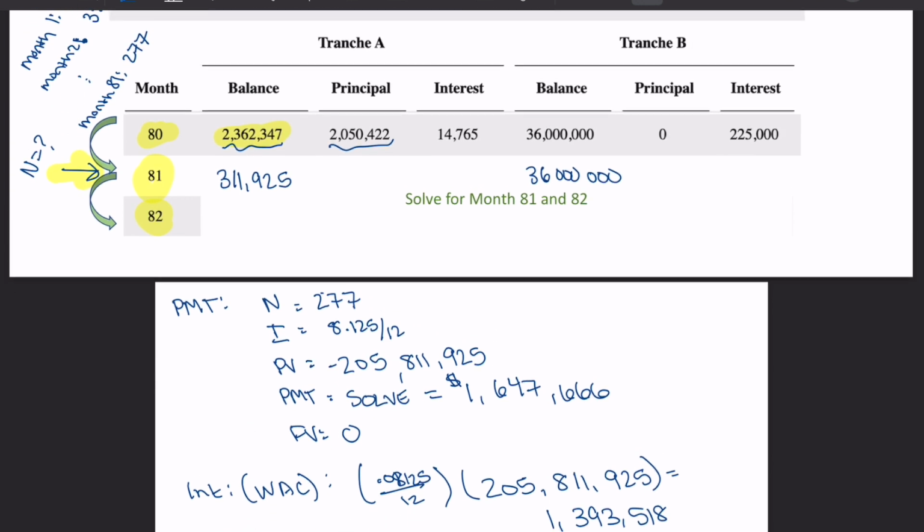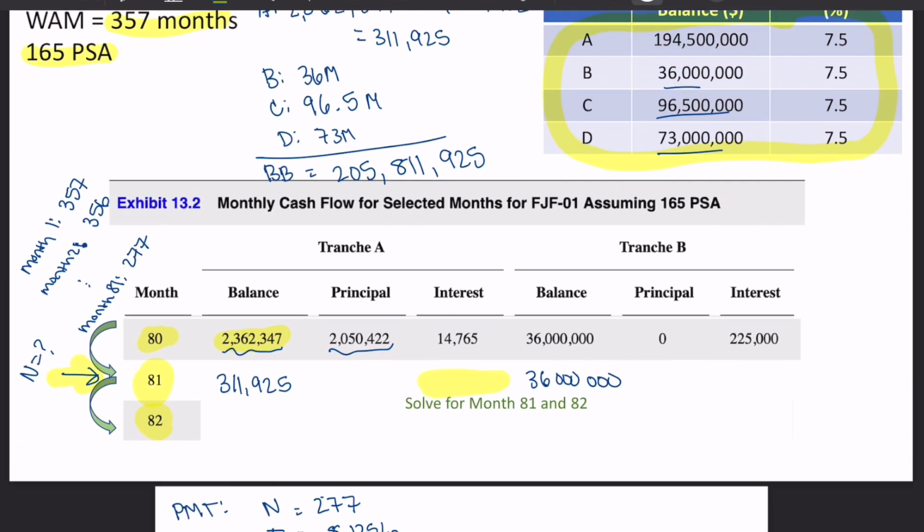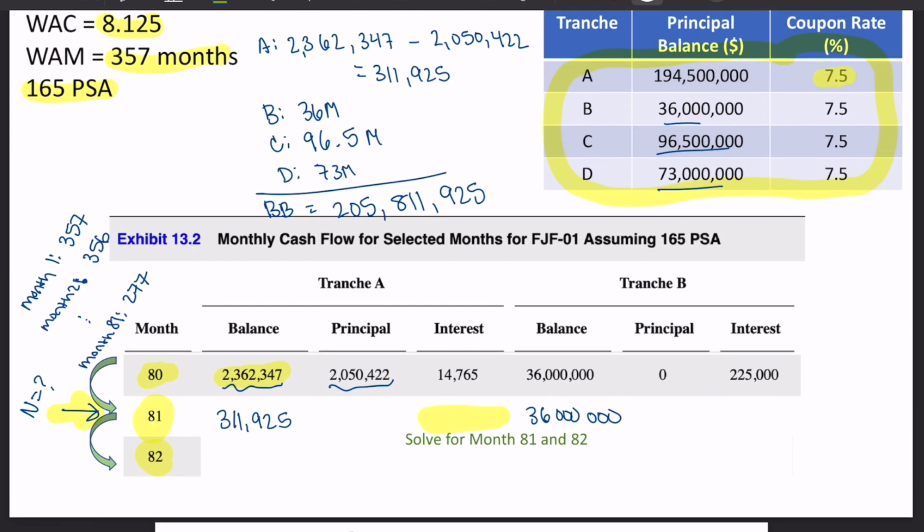If I also wanted to fill in the interest paid to the different tranches, the interest paid to tranche A, the value that goes right there where I just highlighted, would be the pass-through coupon rate. So that would be the 7.5% over 12 times the beginning balance of the $311,925.